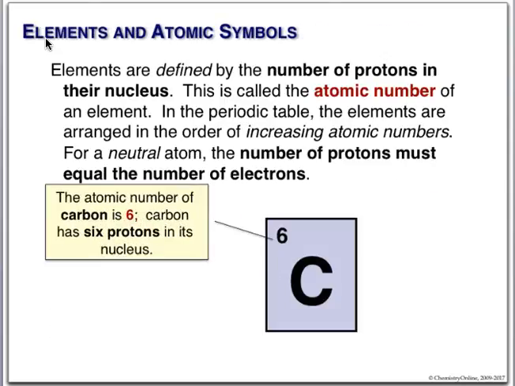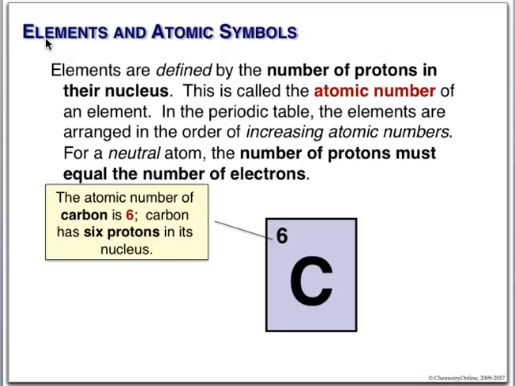We talked about the periodic table, and we'll come back to that again. And we talked about the concept of the atomic number. The atomic number, which you'll see up there on the periodic table, is the number of protons in the nucleus of that particular atom.